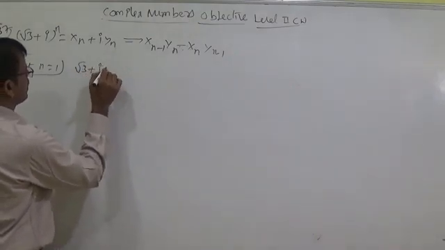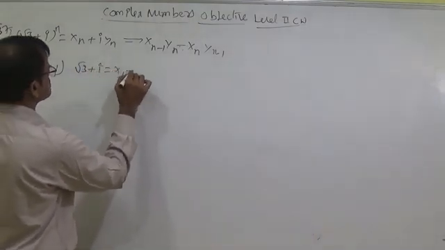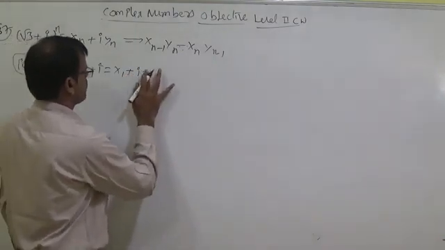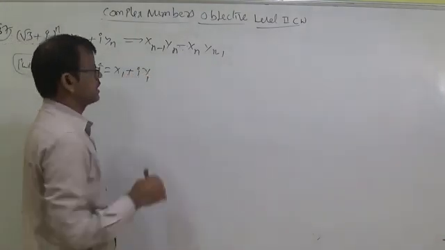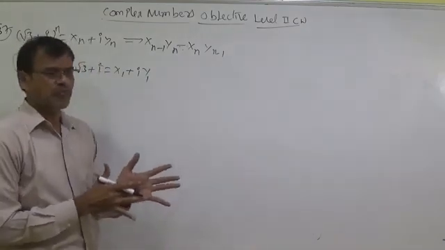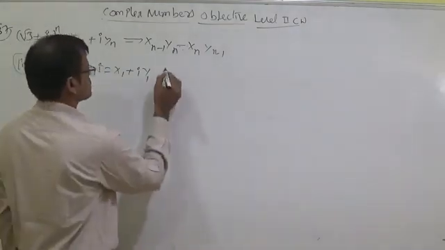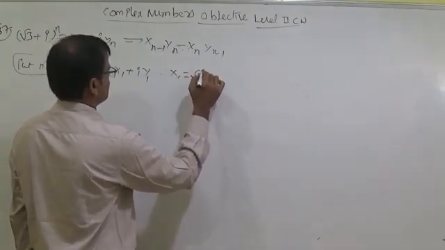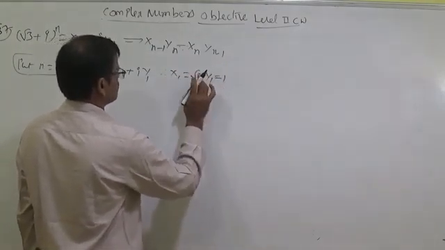Root 3 plus I is equal to x1 plus I y1. Compare the real and imaginary parts. Therefore, x1 is equal to root 3 and y1 is equal to 1.